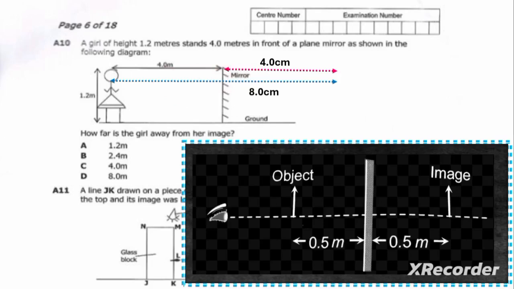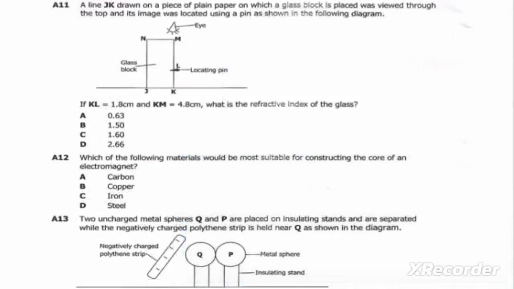So therefore, the distance between this girl and her image is 8.0 meters. We are done with this question. Let us move to the next question, which is question A11.